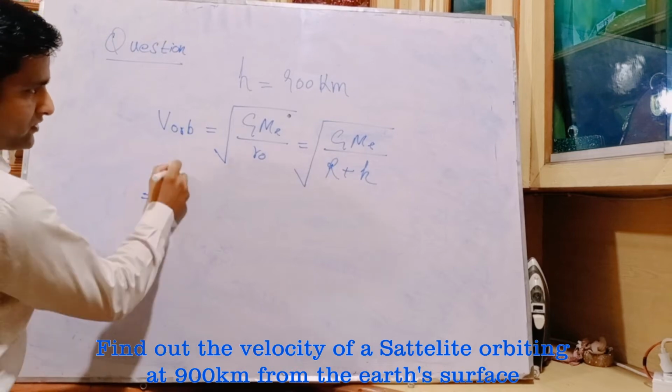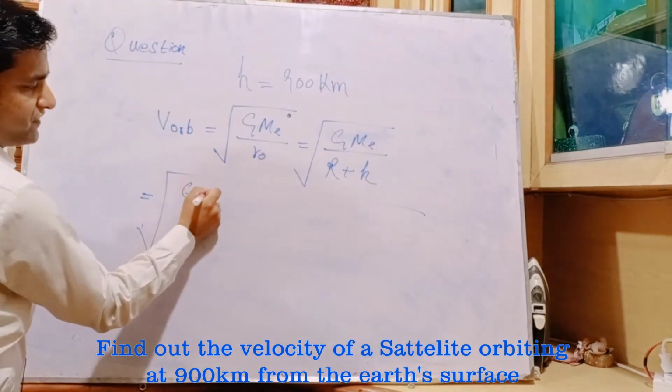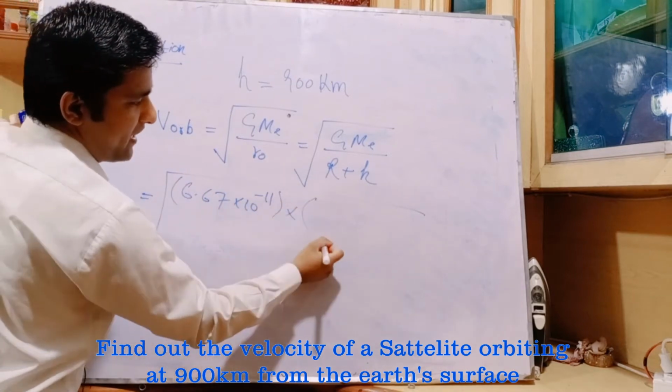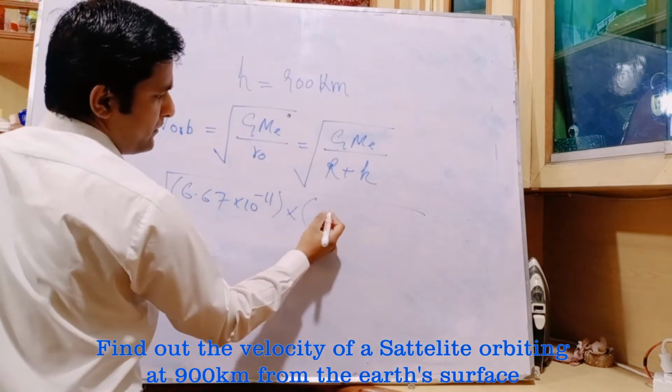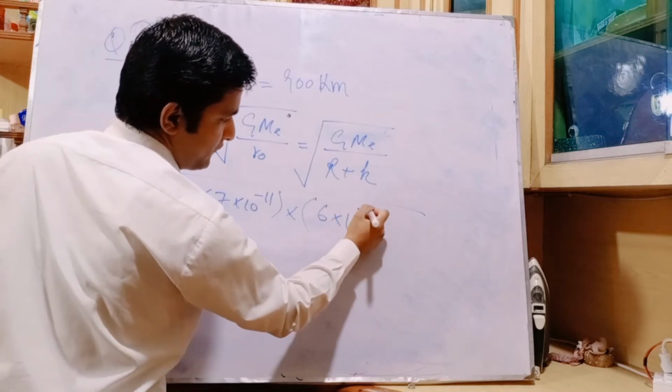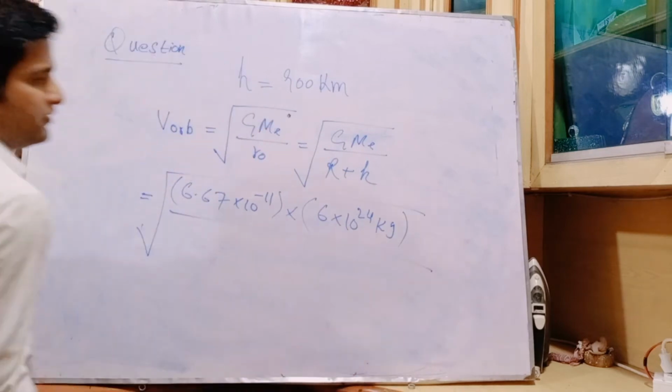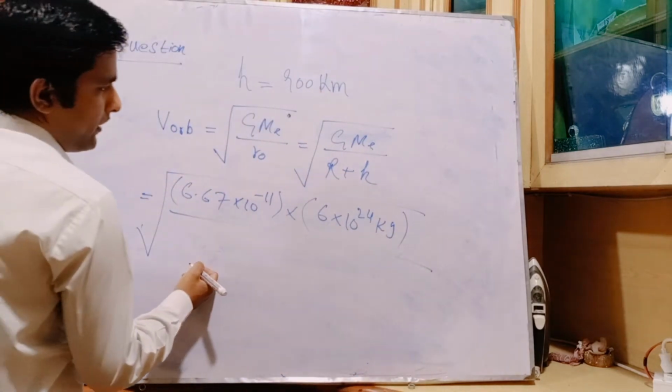That is under root, what is G? 6.67 into 10 to the power minus 11. What is the mass of the Earth? Mass of the Earth is 6 into 10 to the power 24 kilograms, divided by R plus h.